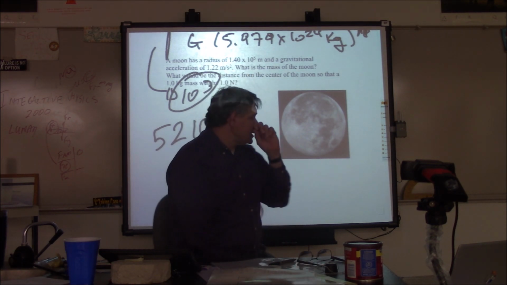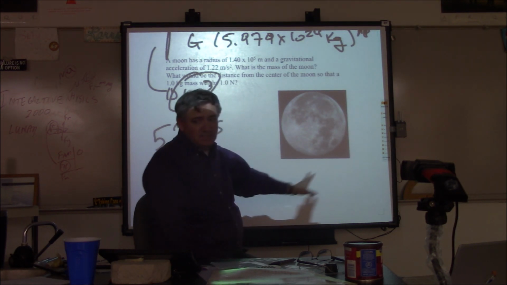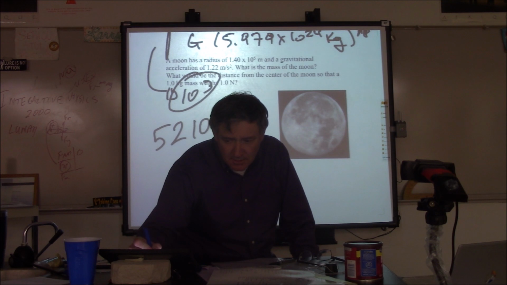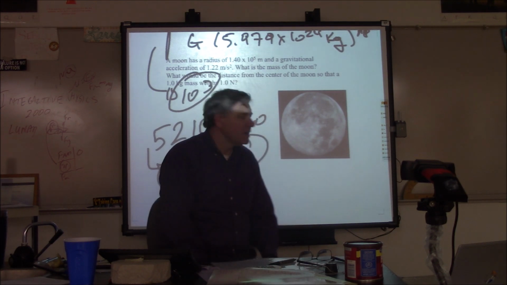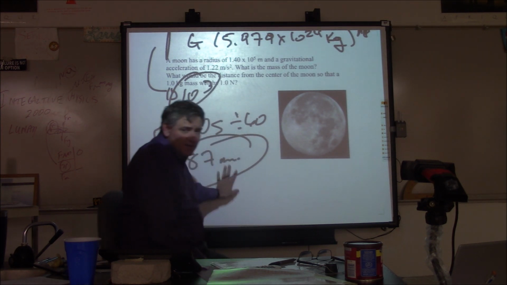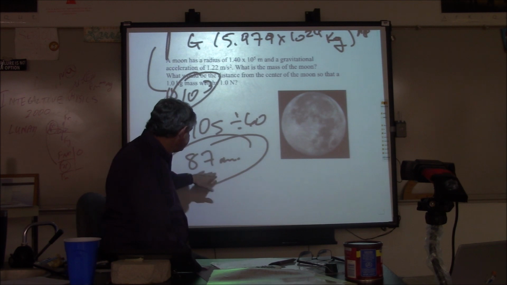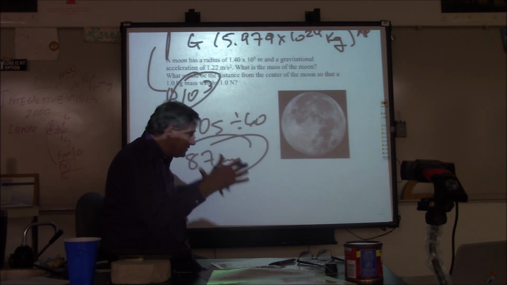Now, Lauren, take this and divide it by 60 so we know how many minutes that is. It's 86.8. So about 87 minutes. That's about an hour and a half, which is typically about how long it takes for the International Space Station to orbit, depending upon the orbit.